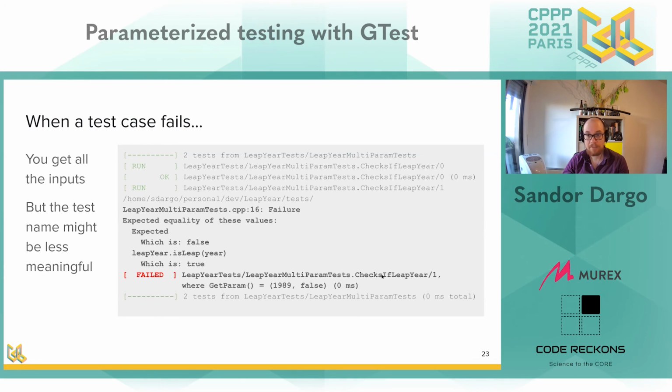So here what we have is ChecksIfLeapYear, instead of saying that this should not be a leap year. So this option is still useful, I think, because there are cases when you just need multiple inputs for your code under test. But if you want to parameterize also your expectation, then think twice, because maybe you lose the maintainability of your test. That's something to think about.